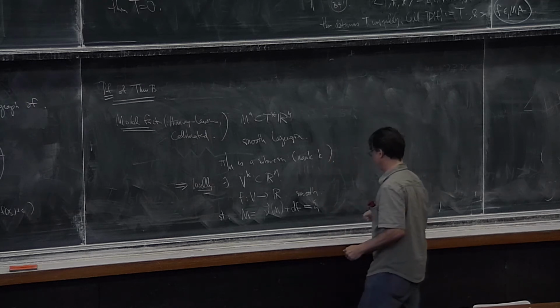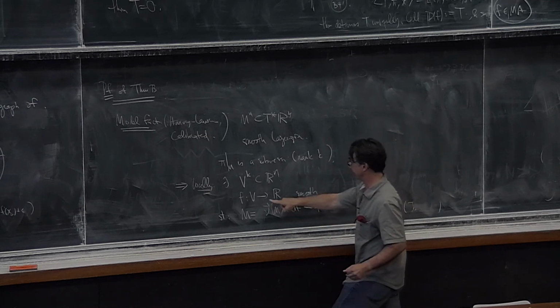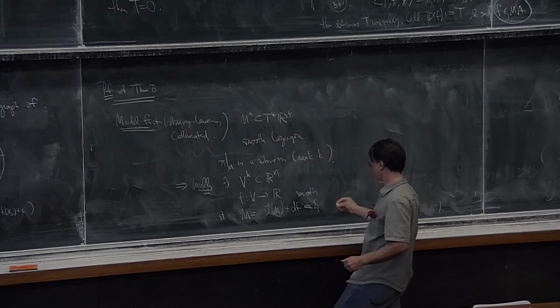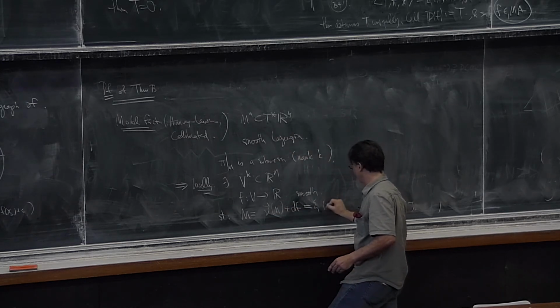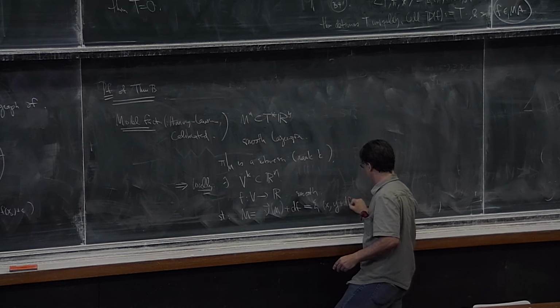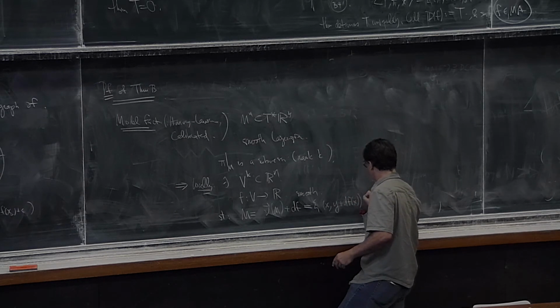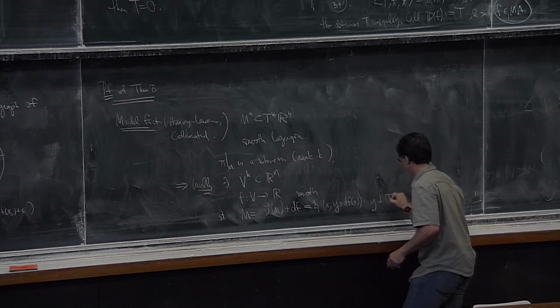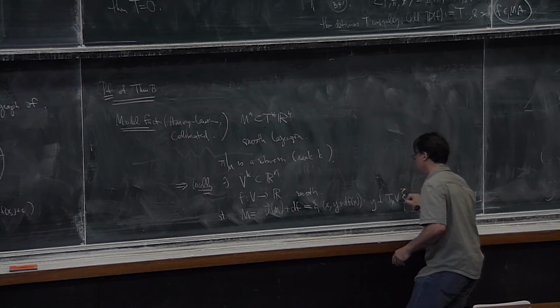It means the following. M lives inside here. I've got a base point x, and I've got some y's here, and y is perpendicular to the tangent space to V at x.